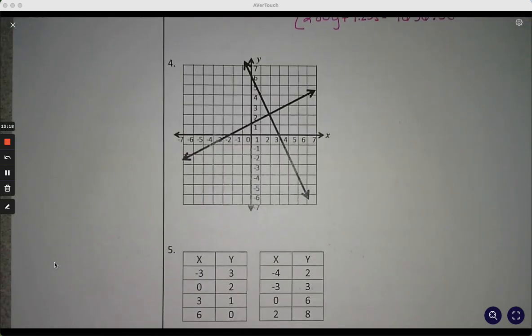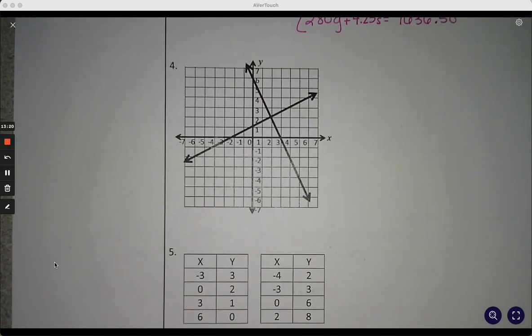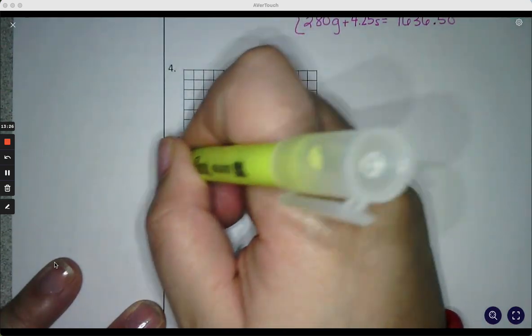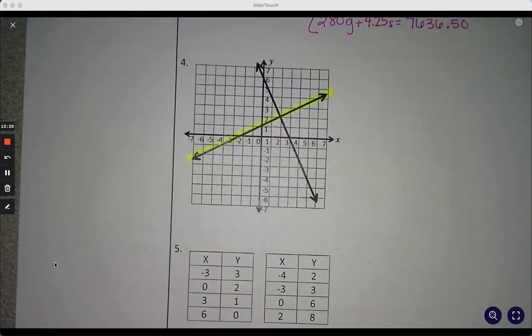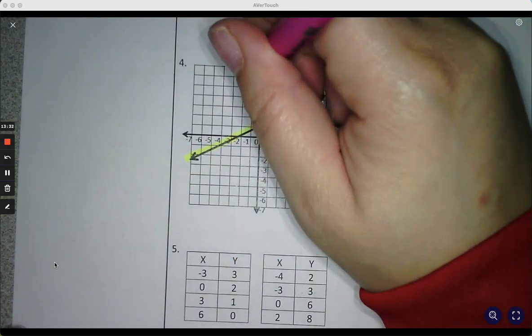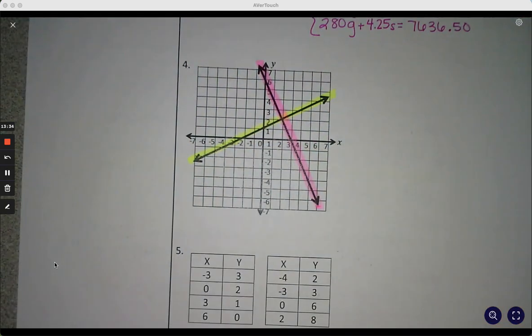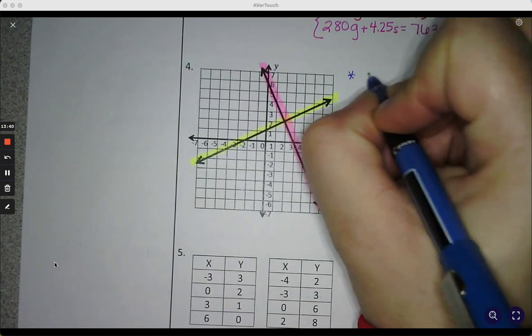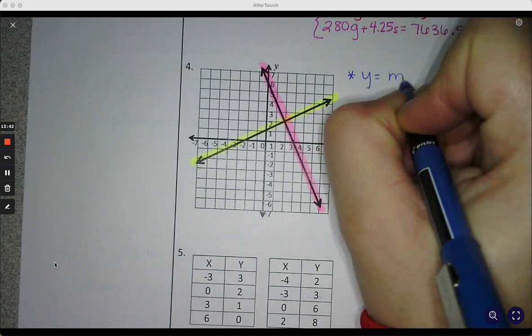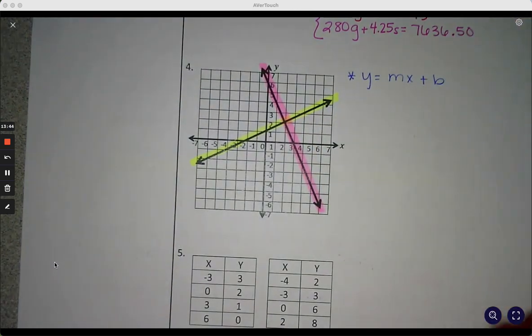Example number 4 says we're still going to find the system, but we're going to find the equation. So here's line 1. We'll solve for line 1, and we'll solve for line 2. So remember, we're using y equals mx plus b.